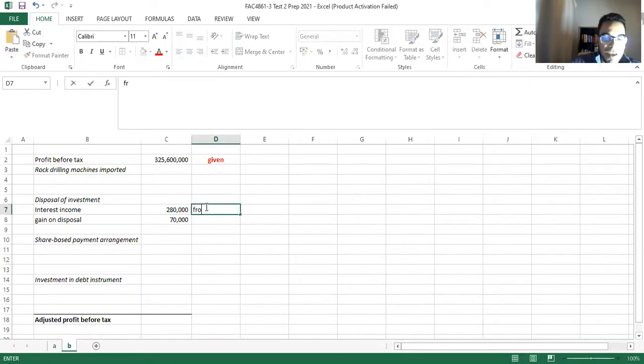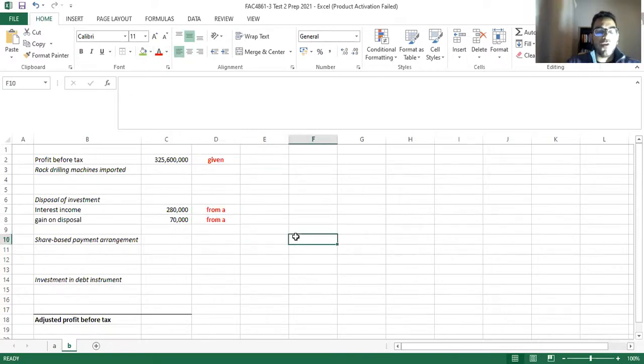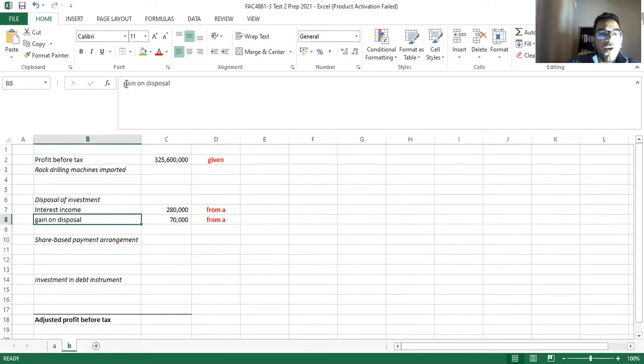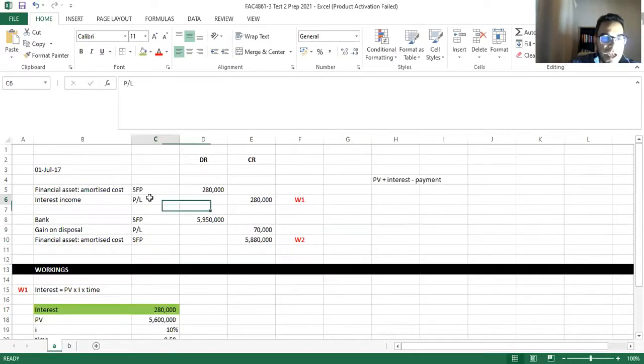We're going to say this was from A. Through that whole transaction, there was an interest income and there was a gain on disposal. Those are the only line items that impact profit or loss. If you look at the journal entry, a credit to P&L increases profit or loss.